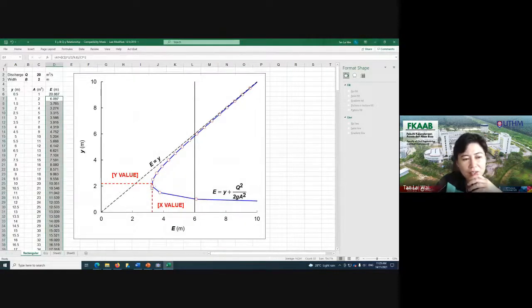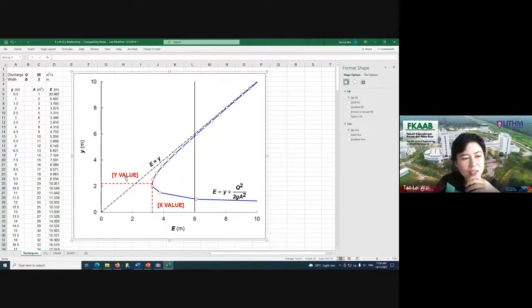You'll see that at every different depth I have a different value of specific energy. It actually will overturn. So you are going to have a minimum specific energy value at a certain depth.